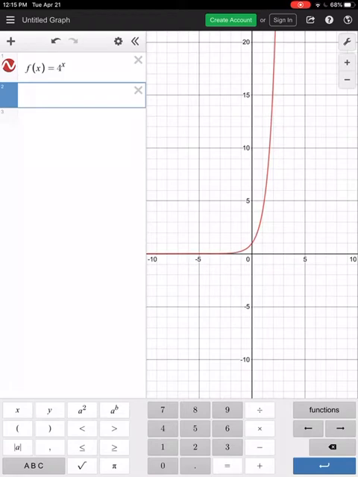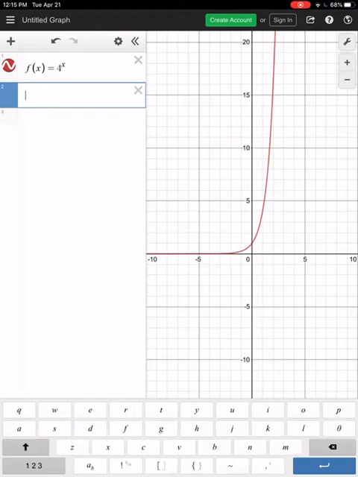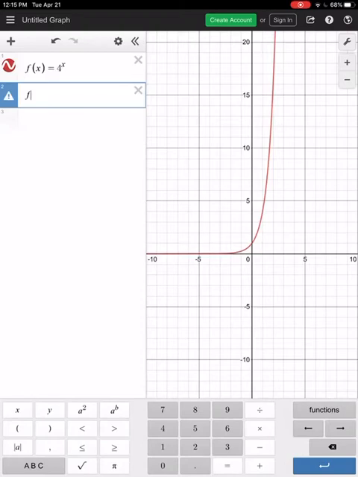The next question said find f of 5. You can use function notation and actually just type in f of 5. So I'm going to put f parentheses 5, and that's my function value. My function value when x is 5 is 1024. So you can go ahead and jot that down.